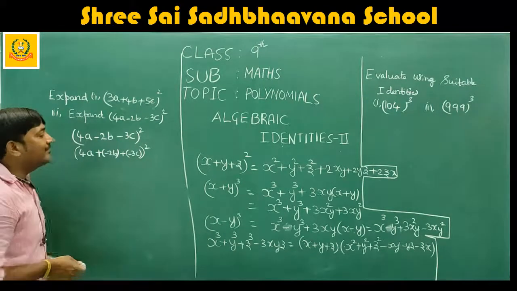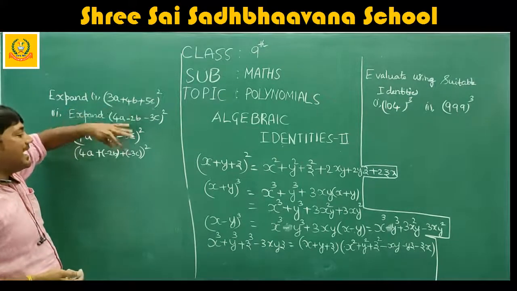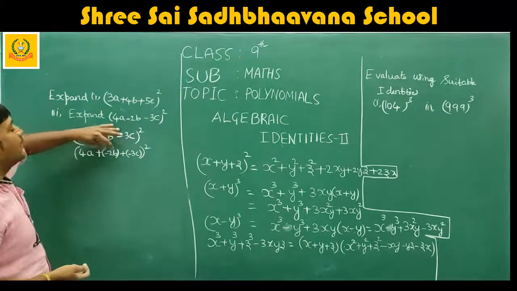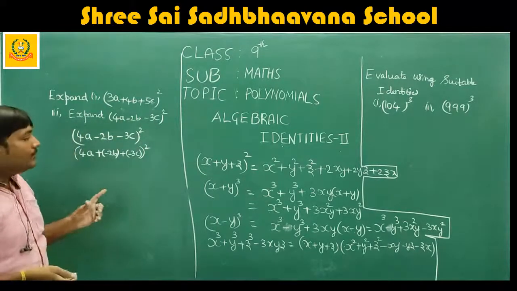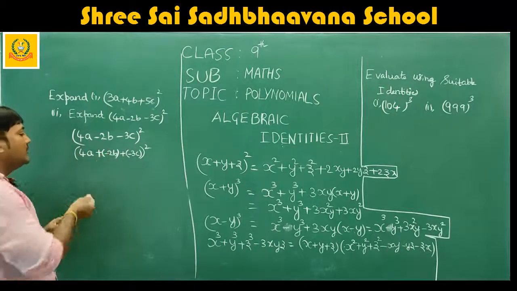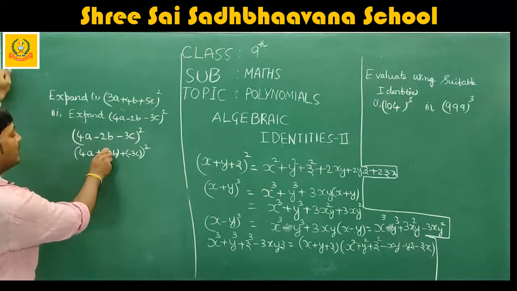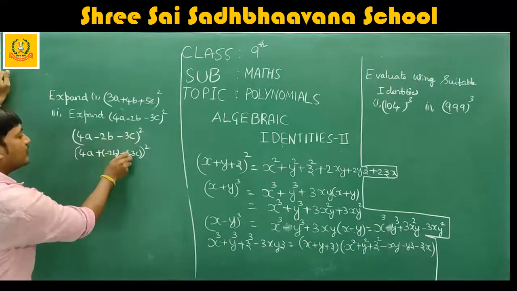It means I am converting 4a minus 2b minus 3c as (4a plus minus 2b plus minus 3c) whole square. Remember, plus into minus is minus. When you multiply this back, 4a, plus into minus is minus, so minus 2b, plus into minus is minus, so minus 3c.